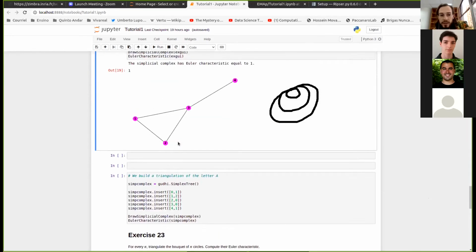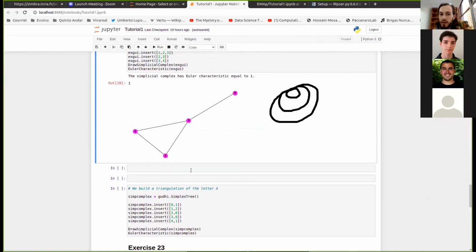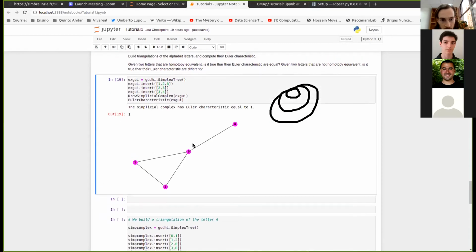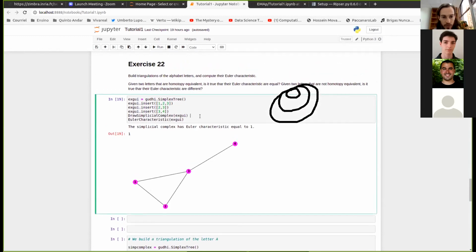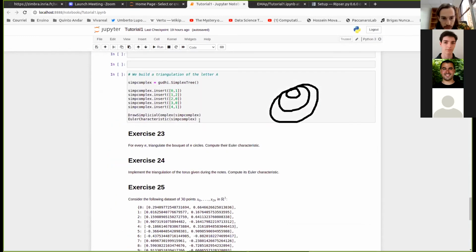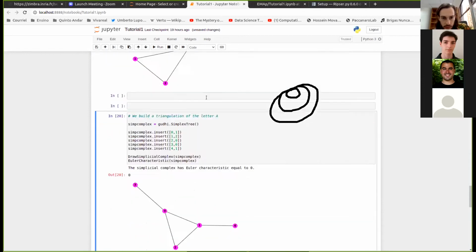So Guilherme, yes, this thing is a P. You can see that this is something which is homeomorphic to P. So P and A do not have the same Euler characteristic, but they are homotopy equivalent, right? No, they must have the same Euler characteristic. If one of them is 0 and the other one is 1.